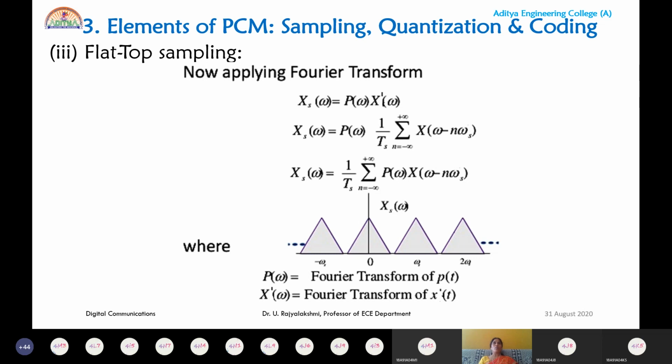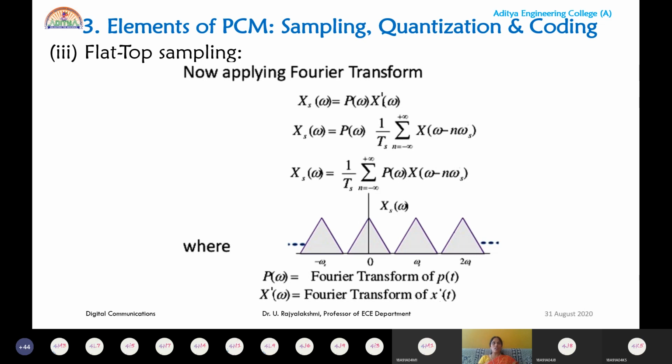What is p of omega? P of omega is the Fourier transform of the rectangular pulse train. Just we represented the product. So what is x dash of omega? X dash of omega is the Fourier transform representation of the ideal sample signal. Already we studied the Fourier transform of the ideal sample signal.